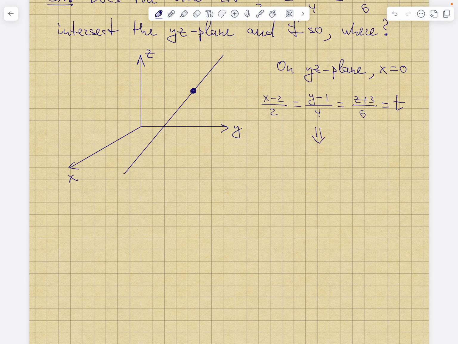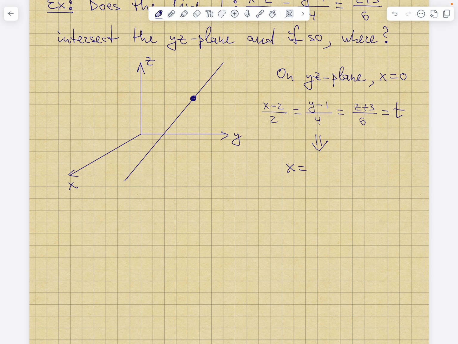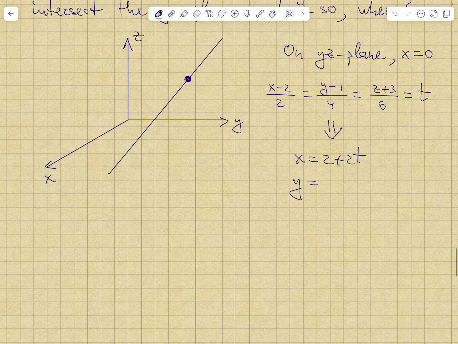So x will be 2 plus 2t, y is going to be 1 plus 4t, and z will be minus 3 plus 6t.